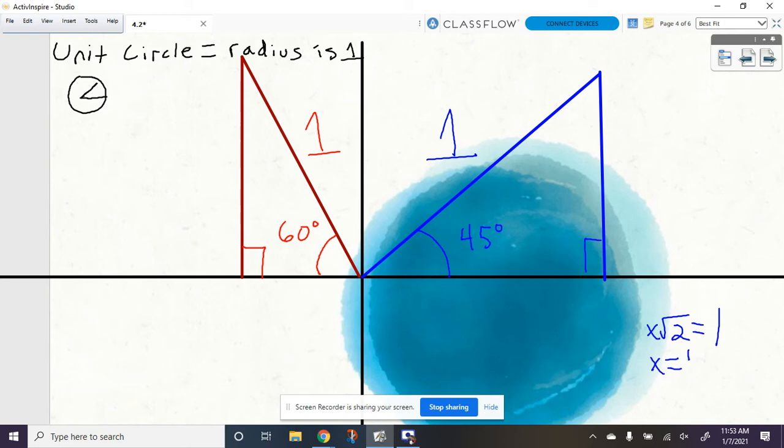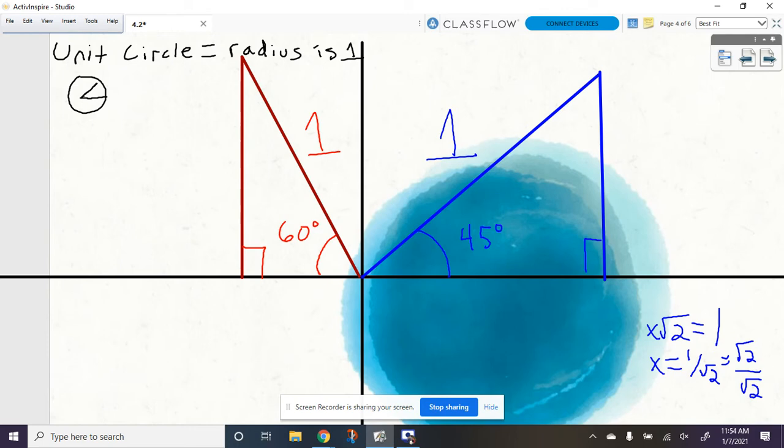Square root of 2 over 2. Yes. So you kind of skip this step. It would be 1 divided by the square root of 2. That would divide both sides by the square root of 2. And then, because we don't like to leave square roots in our denominator, we want to rationalize it. So we would multiply the top and the bottom by the square root of 2.